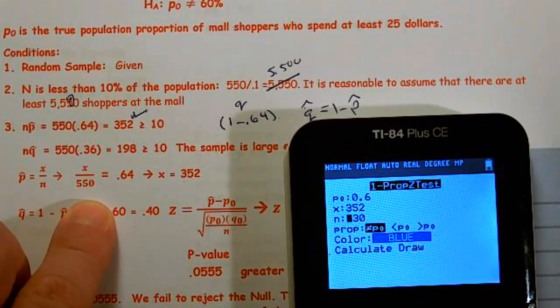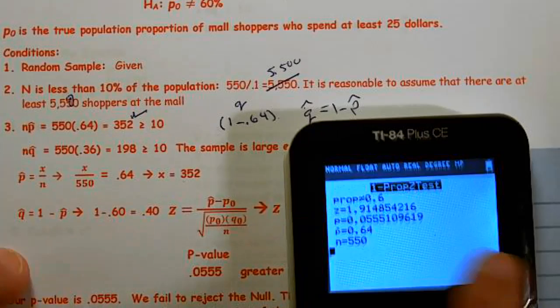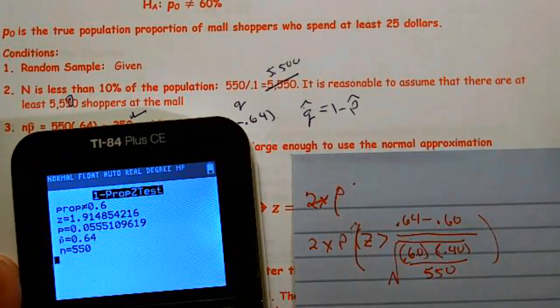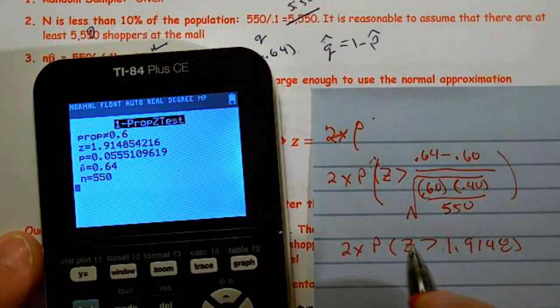If I didn't, I'd have to round. Then n is 550, and we're supposed to be using a not equal. So we end up with 2 times the probability that Z is greater than 1.9148.